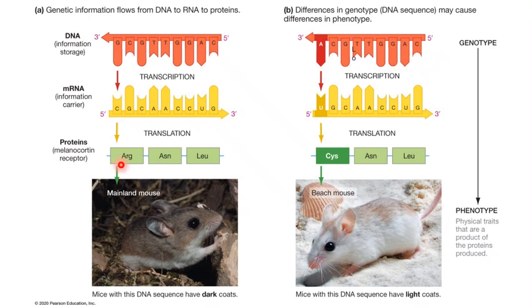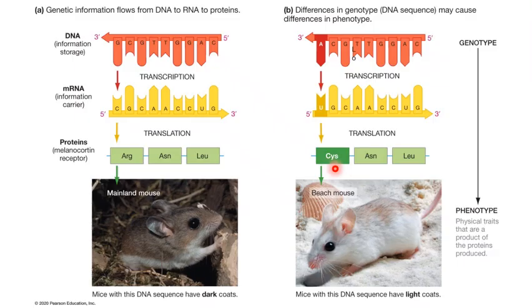It's possible to have a mutation to the gene for the melanocortin receptor that breaks that protein. And that's what's shown on the right here. Here you have a mutation that just changes one G to an A. So it's a single base change. That ends up changing the amino acid at that location in the protein from an arginine to a cysteine.